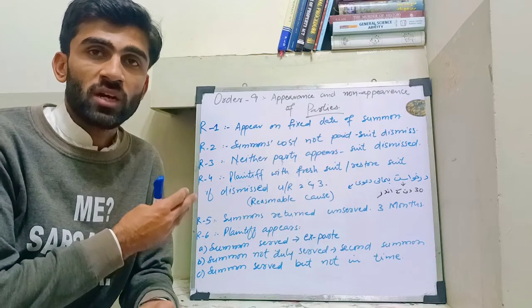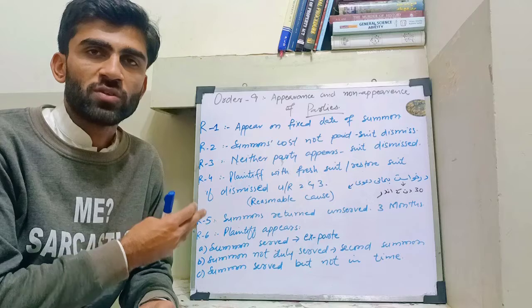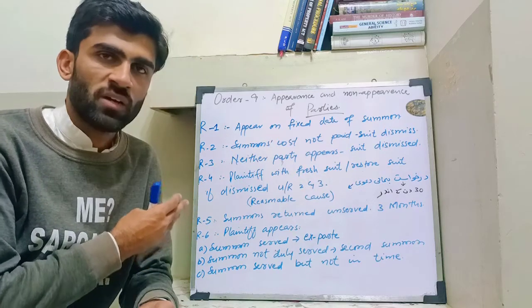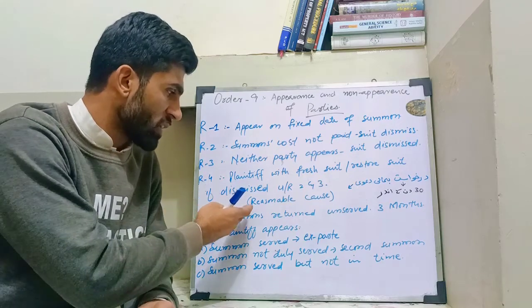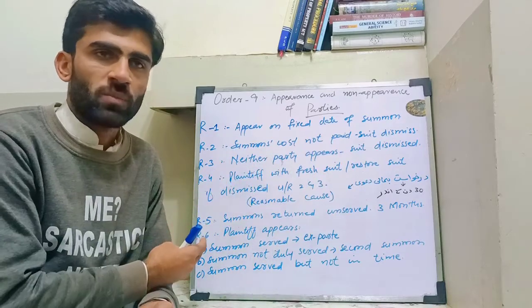The time fixed for the application of restoration is 30 days. You have to restore your suit within 30 days after the dismissal. So this was rule number 4. If there was any reasonable cause, then the court can allow that application.